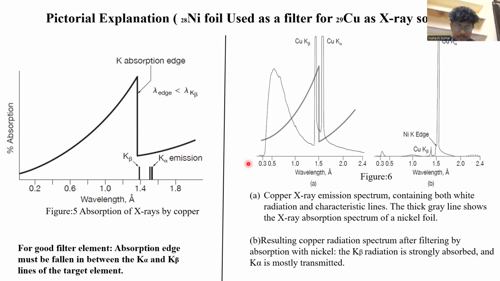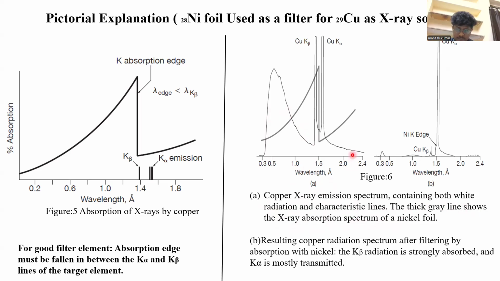For example, in figure 6, part A represents the copper X-ray emission spectrum containing both white radiation and characteristic lines. The thin gray line shows the X-ray absorption spectrum of a nickel foil.